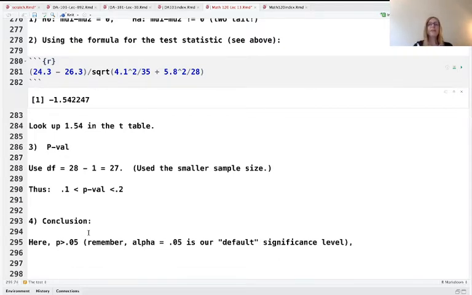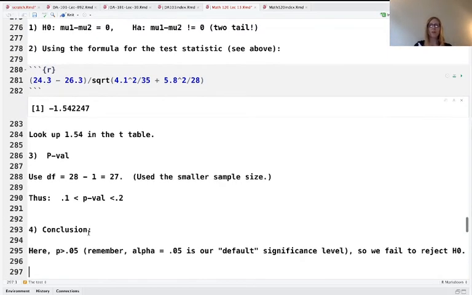We got a large p-value, so we fail to reject the null hypothesis. That means we did not find evidence to support the alternate hypothesis.